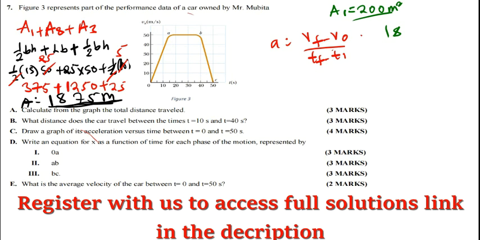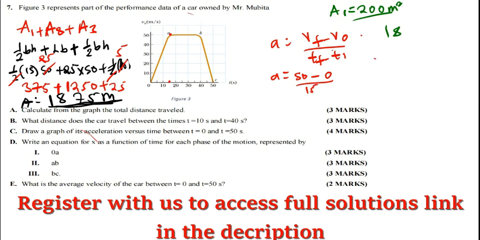So the first journey we have is from O to A, or from 0 to A. I need to find the acceleration there. So I'll say the final is at that point, which is 50. It started from 0, so the initial is 0, divided by time. What was the time at A? At A, exactly the time was 15.